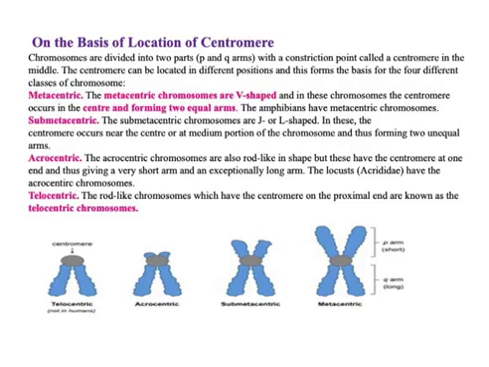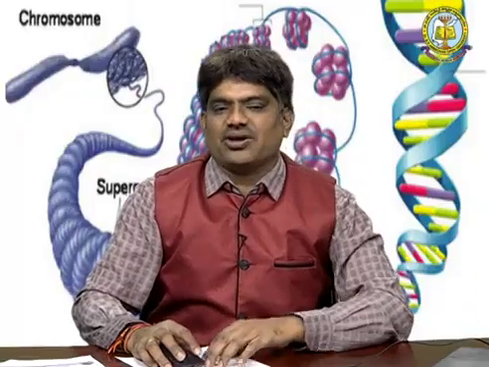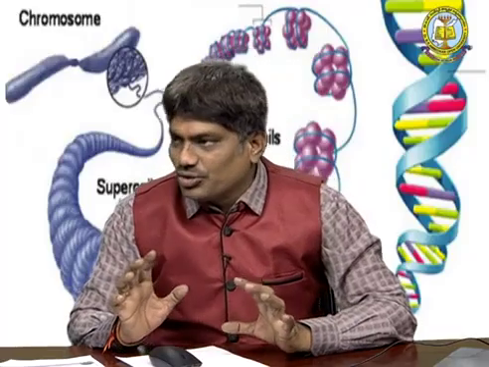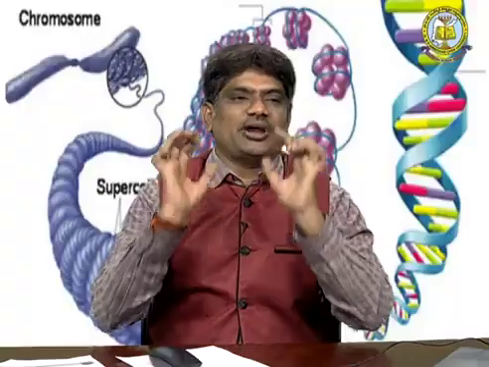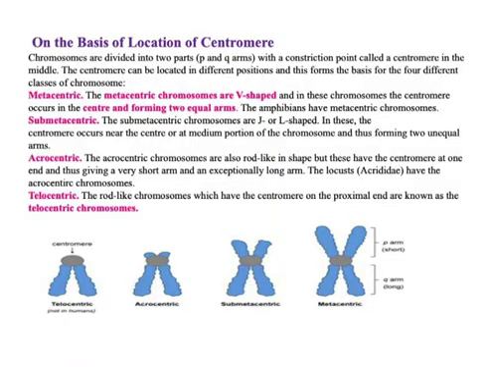Then if the centromere is just above the middle, looking like an L-shaped structure, we call it submetacentric. Usually the majority of chromosomes have the centromere at the middle, and in the metaphase or anaphase diagram it looks like a V-shaped structure, which we call metacentric.